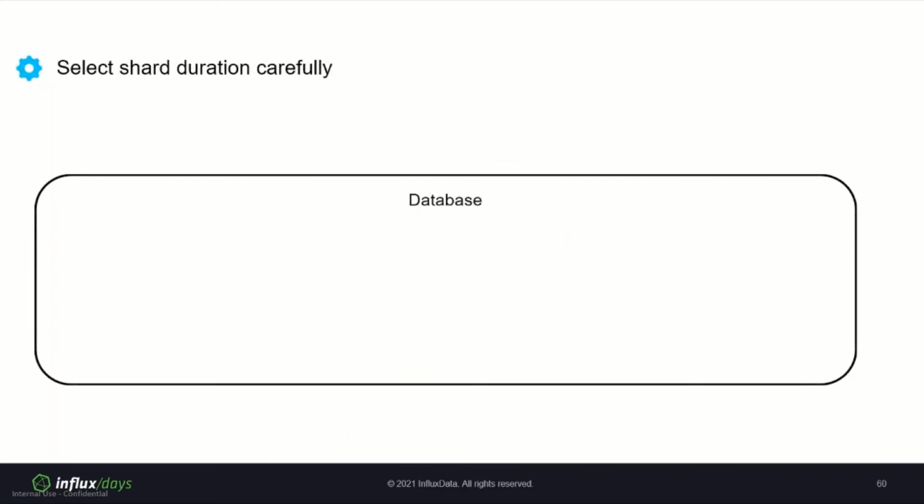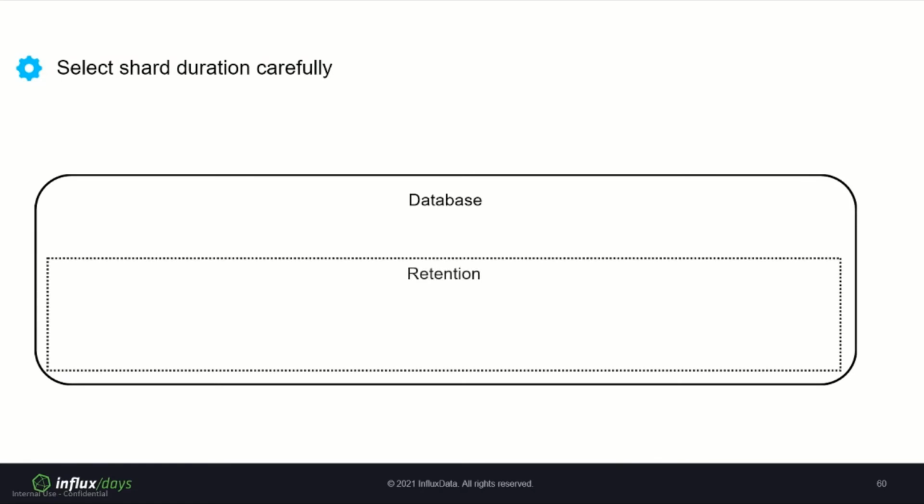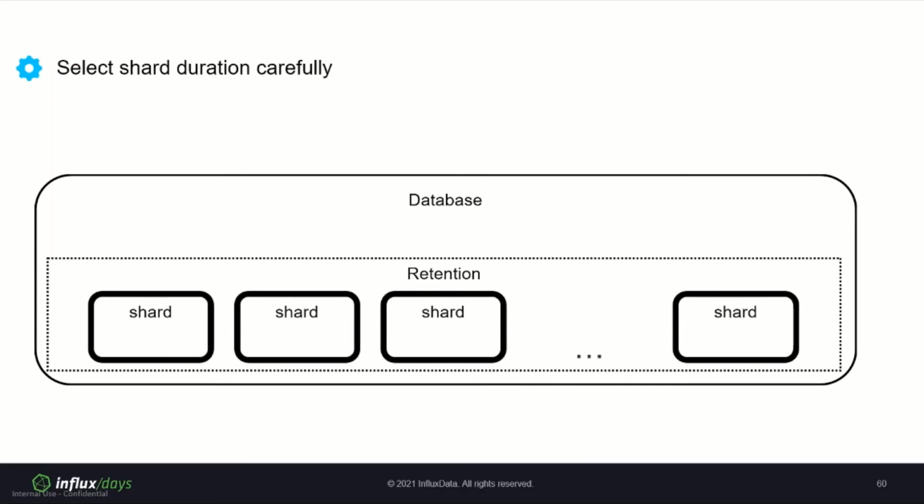Remember that every database in InfluxDB has a retention policy, and every retention policy has a shard duration, which defines how many shards there will be in your database. Like if you have a 2 months retention policy and set shard duration to say 1 day, you will end up with 60 shards.